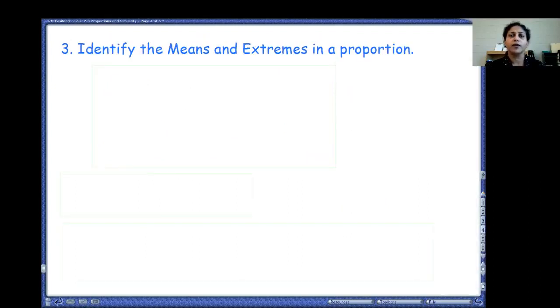Moving on, here is something new. It's called the means extremes theorem. So what you're going to do is look at a proportion, which is really 2 ratios.